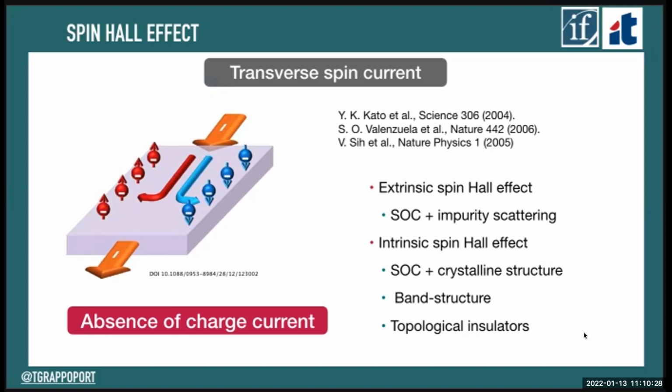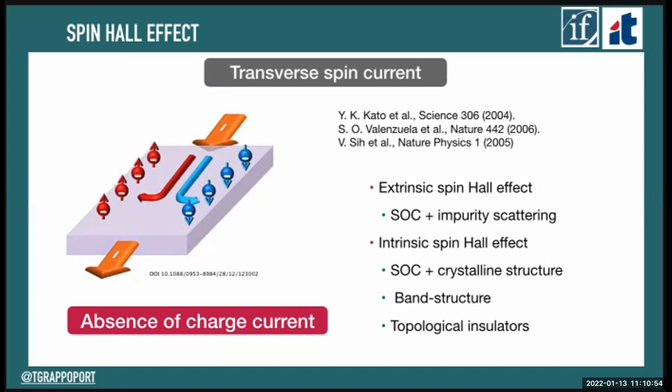There are basically two different mechanisms to generate the spin Hall effect. So it's divided in two subcategories. One is the extrinsic spin Hall effect. So the spin current is a consequence of the differences in the scattering of spin up and spin down states. And this difference can come from the spin-orbit coupling of the impurity or the wave functions.